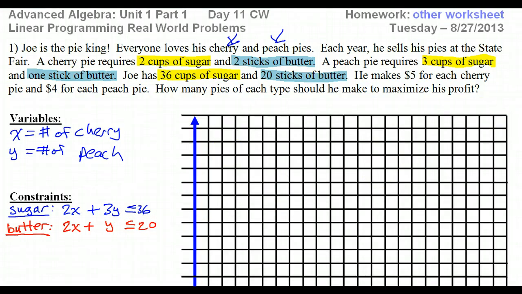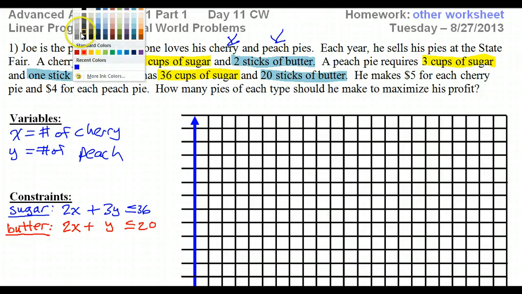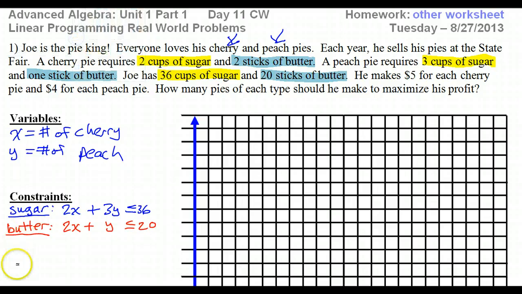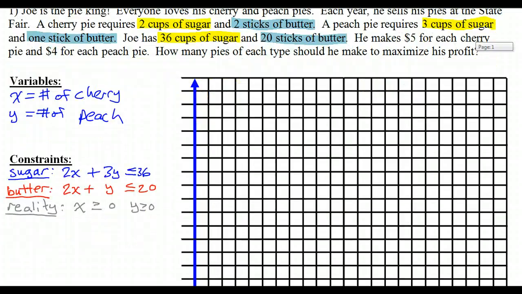And then there will always be the reality constraints for a problem like this. The reality constraints are it can't have negative pies. So x has to be greater than or equal to 0, and y has to be greater than or equal to 0. So those are our 3 constraints.